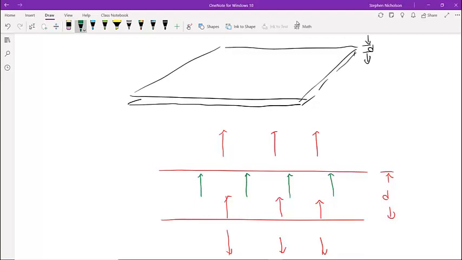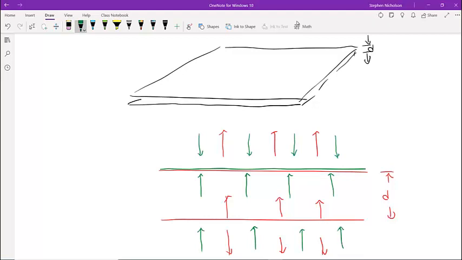Now on this side of the plate, it goes in, but in the opposite direction. Maybe I should make this plate green. Okay, now further away, it's still constant. It's still going in towards the second plate.